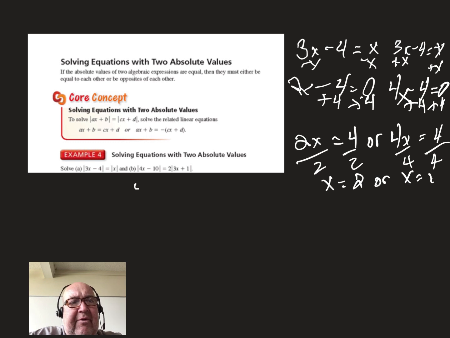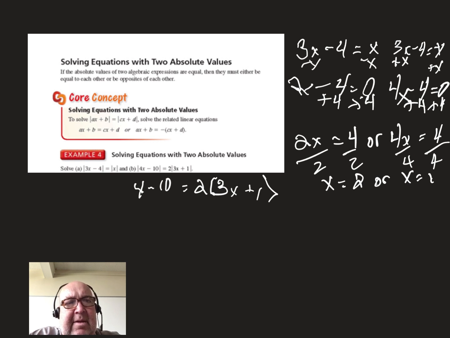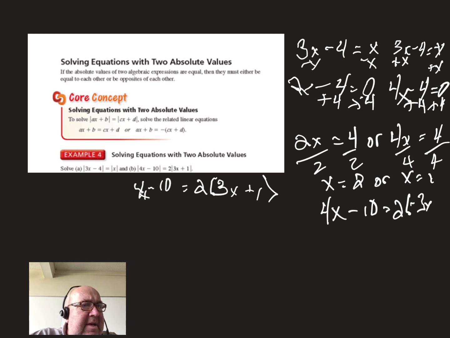We're going to write 4x minus 10 is equal to 2 times 3x plus 1, and we're also going to go over here. 4x minus 10 is going to be equal to 2 times the negative 3x plus 1.